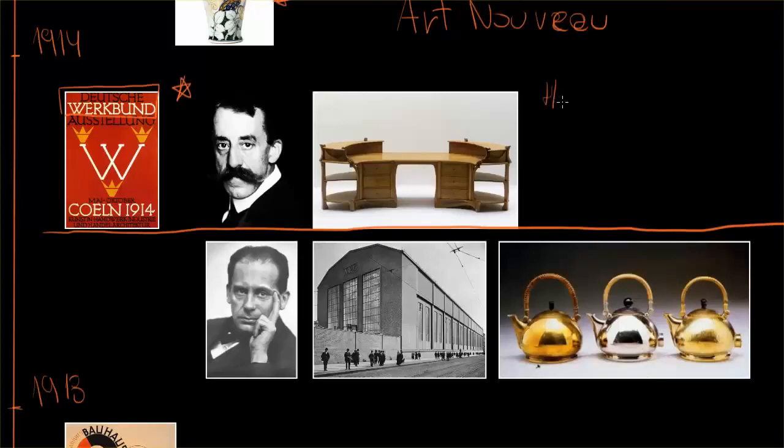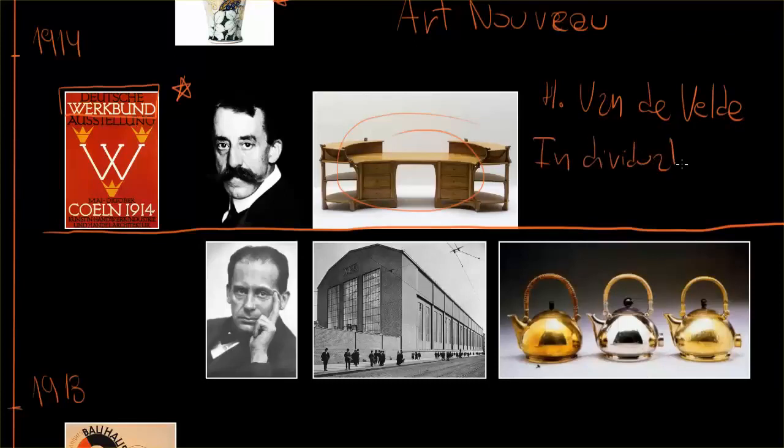whose one of the main proponents was this guy over here called Henry van de Velde, and he was a Belgian architect, and he was a proponent of Art Nouveau. But more importantly, he was for the individuality of the artist.